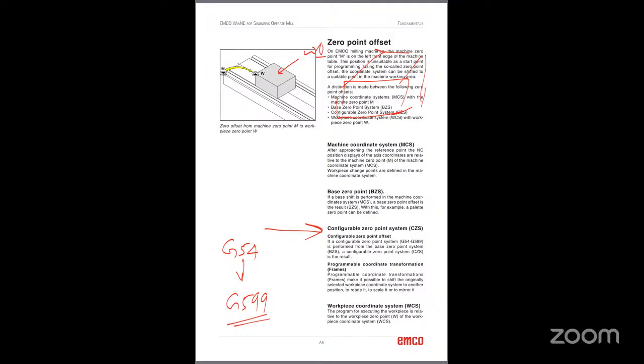To set this W, I will use G54 for workpiece 1, and I will use G55 to set the origin W for workpiece number 2. So when I run the program, I will use G54 for workpiece 1, and G55 for workpiece number 2.